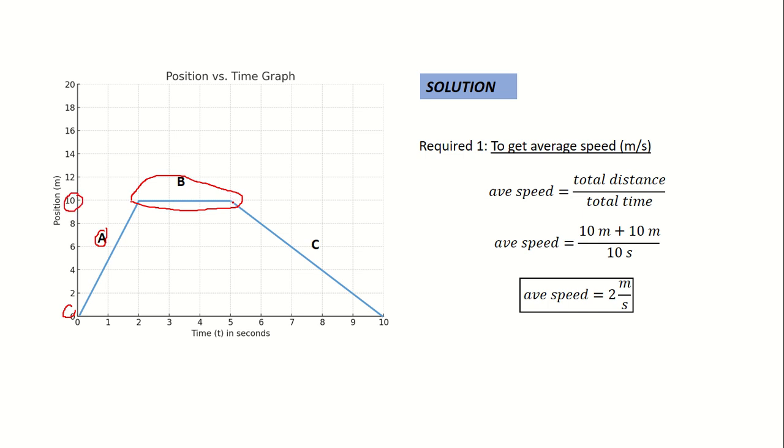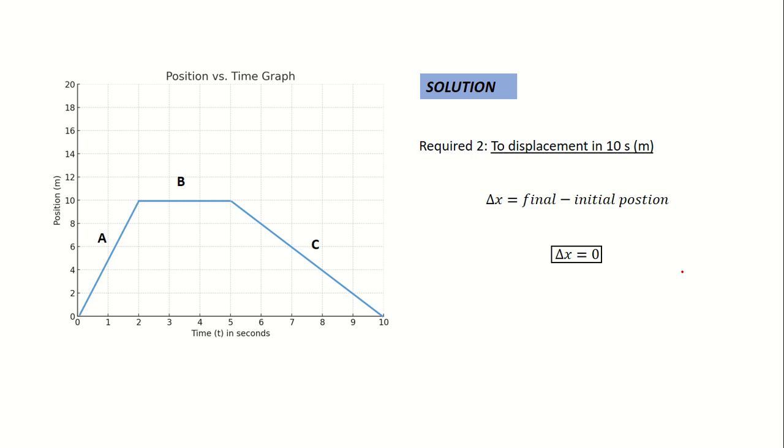And then on segment C, the car went back, so that's from 10 meters to 0 meters. So in terms of distances, you just need to add those two. That's why you can see here 10 plus 10. And then of course the time is 10 seconds. So just getting the quotient of the two, you would get the average speed equal to 2 meters per second.